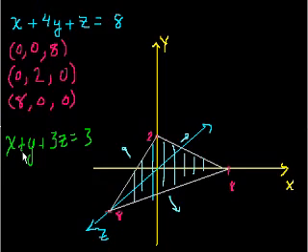So for that graph, the x-intercept is there at 3. The y-intercept is at 3. And then the z-intercept, 3z is equal to 3, so the z-intercept is going to be 1.